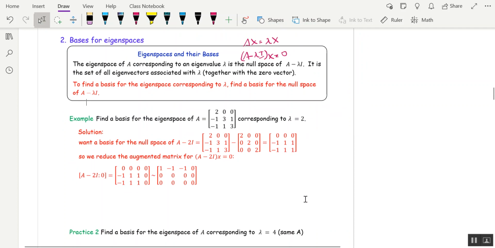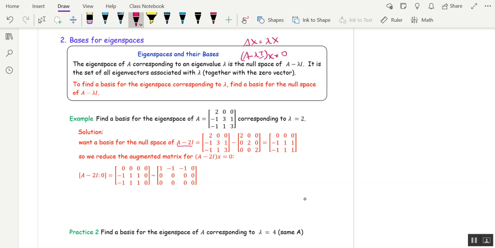Find a basis for the eigenspace of A corresponding to the eigenvalue 2. We want to find a basis for the null space of A minus 2I. I took A here, and I've subtracted twice the identity, and I get this matrix here. If I want a basis for the null space, what I do is augment with 0 and reduce.